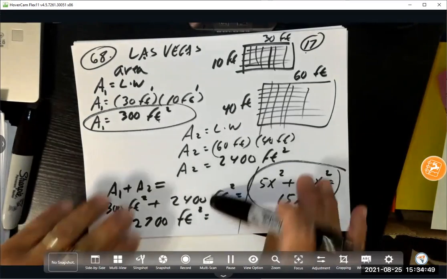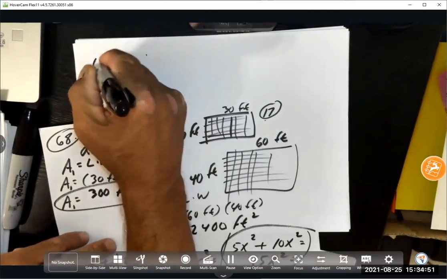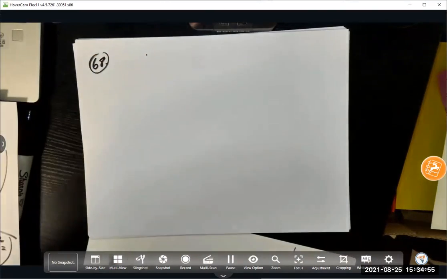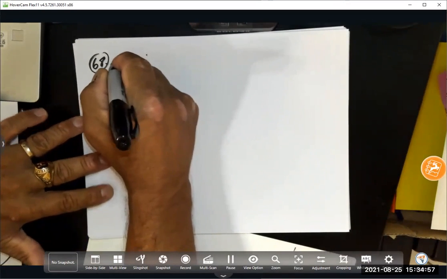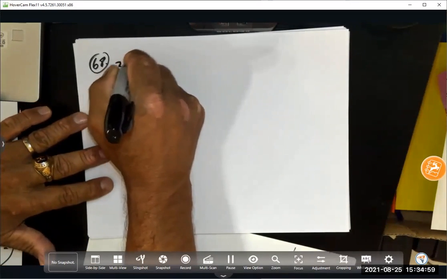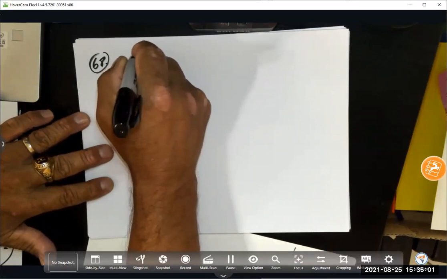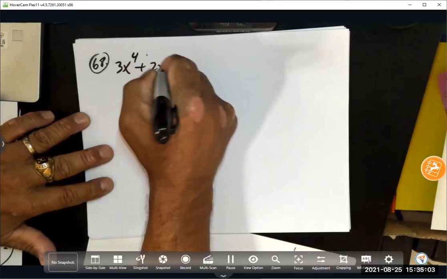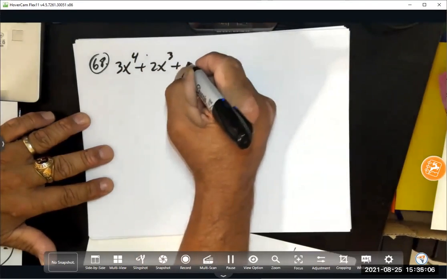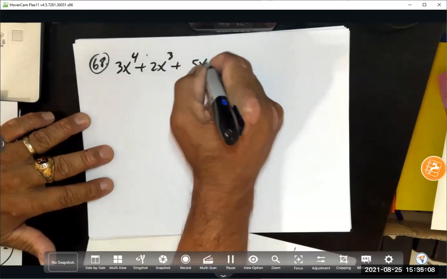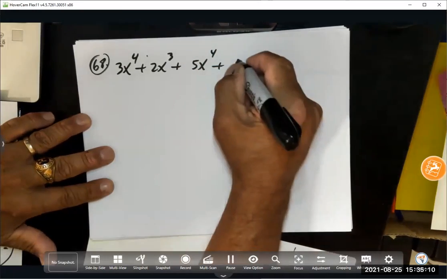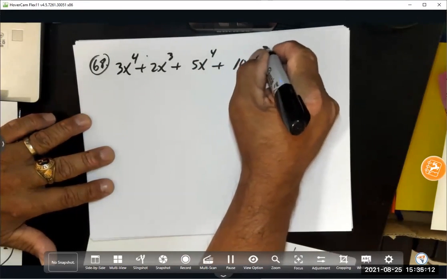So let me do one more like this, like 68. See how it goes. You ready? So if I had to do this one, if I said 3x to the 4 power plus 2x to the 3 power plus 5x to the 4 power plus 10x to the 3 power.